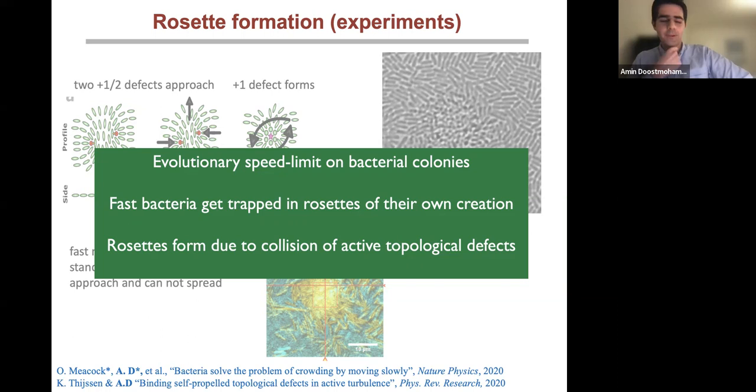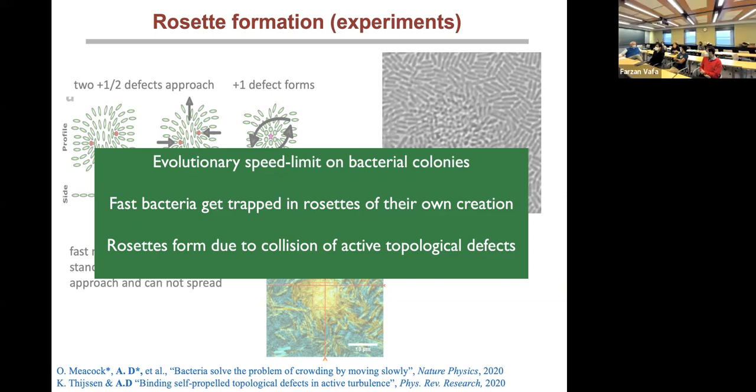Thanks. Yeah. Sure. I also have a question. Is it obvious that when these two positive defects collide that they have to jam? Because I can also imagine a scenario like a revolving door where they can just rotate next to each other and then get past each other.